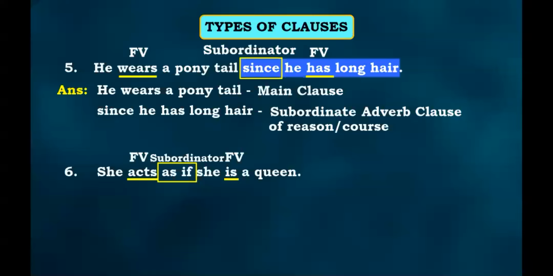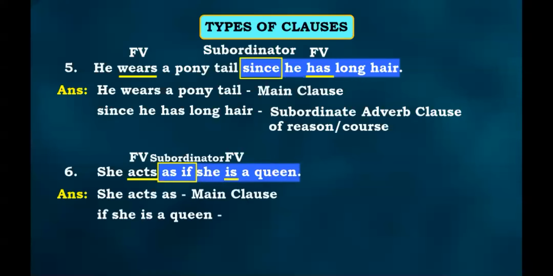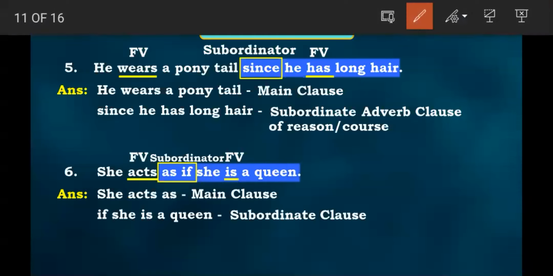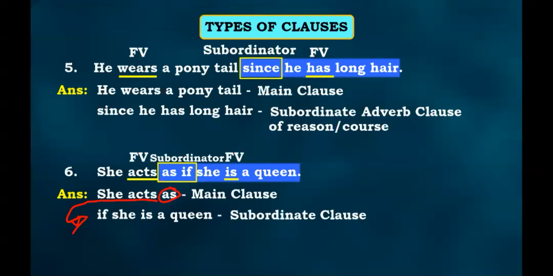So from there, my subordinate clause will begin. She acts will be my main clause, correct? There's a mistake over here, definitely. Okay. So she acts is the main clause.